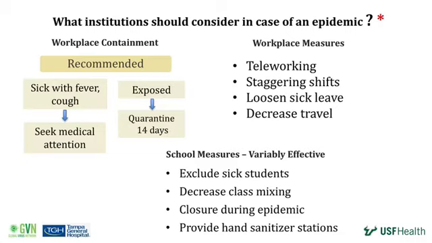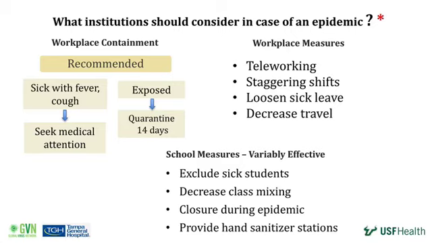So what should institutions consider in case of an epidemic? There are various thoughts and measures that have variable degrees of success, right? Workplace containment. So recommended, of course, if you're sick, have a fever and a cough, please seek medical attention. Don't go to work. If you're exposed, quarantine yourself for 14 days. And then workplace measures that decrease the amount of crowding of people in one place: teleworking.